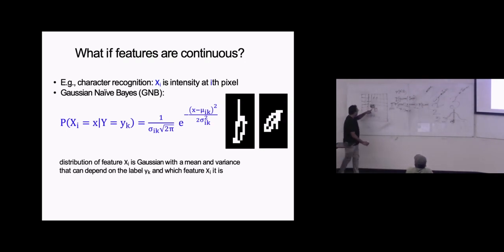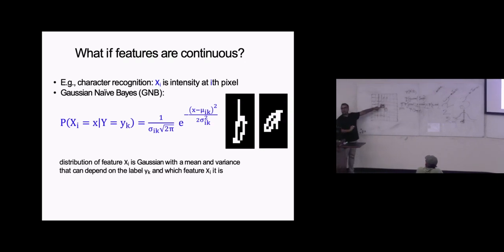Now, if I have many different images of the character one, I could sample many different values of this pixel. From those values, I could compute the mu and the variance. So I essentially estimate a distribution over this pixel with those two parameters.